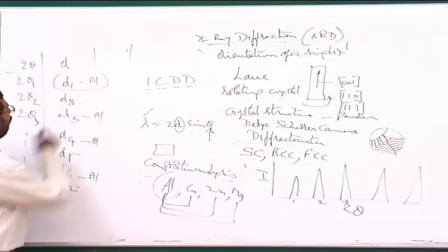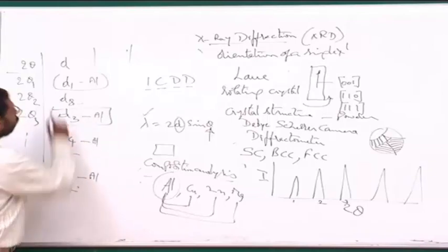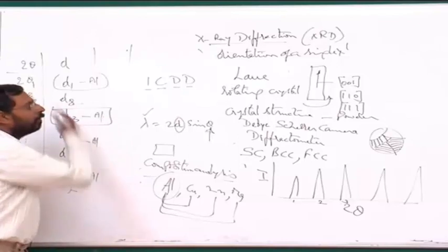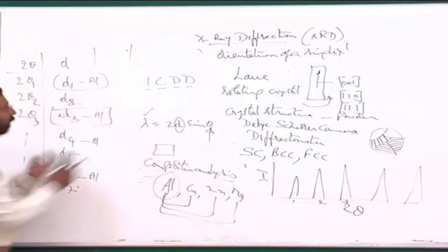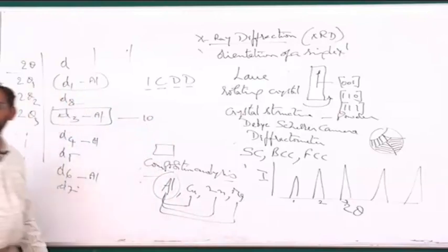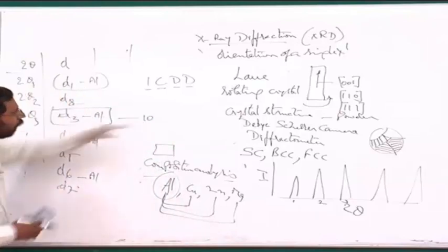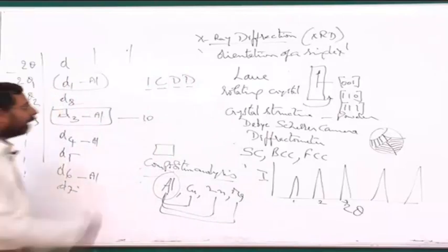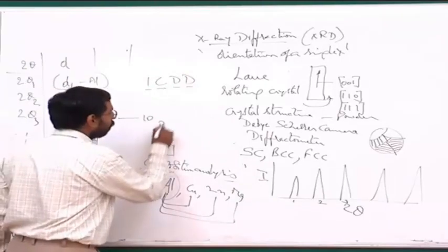But once I have known that this is the most intense peak, first try to match this peak with something else. Let's say this peak matches with some 10 different phases. Now start looking at, choose one by one of those 10 different phases. Okay, let's choose phase number 1.